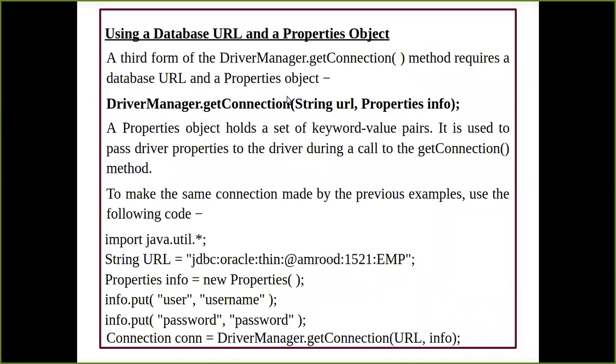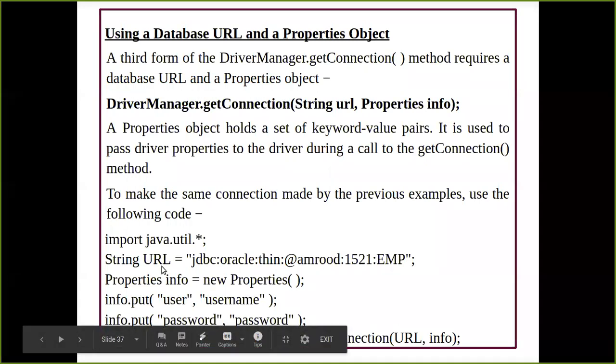So here what I was telling you is that we are going to have a properties class, where I'm going to have a set of key value pairs. If you remember, we had a variable and we used to have the values for it. So I'm just going to show the example for that.